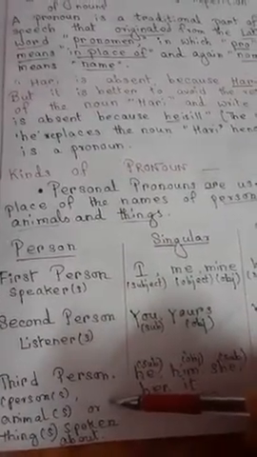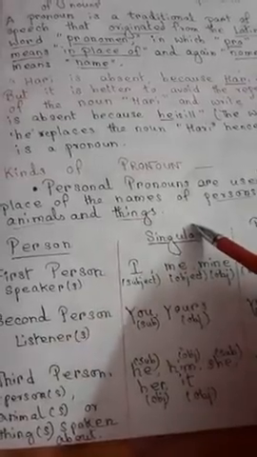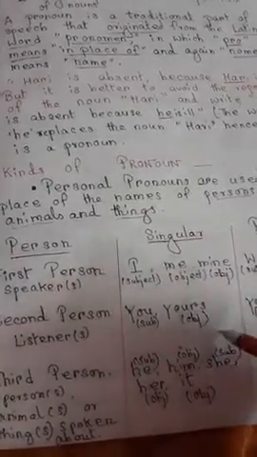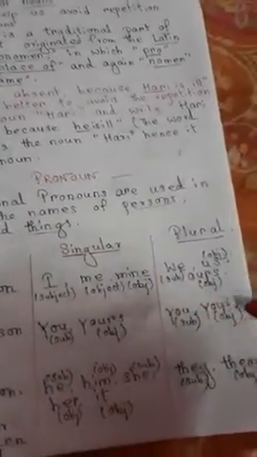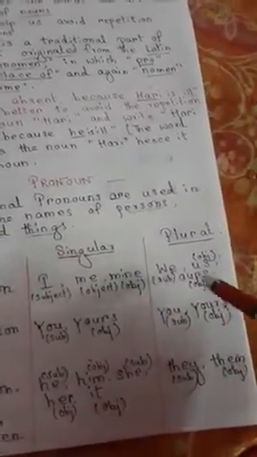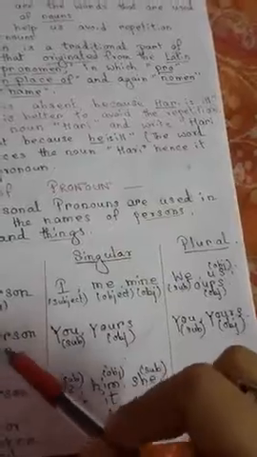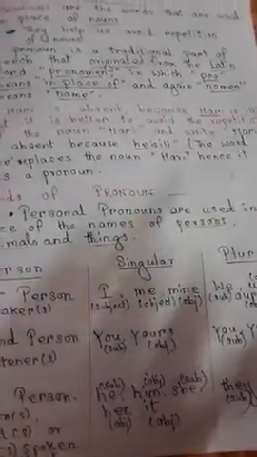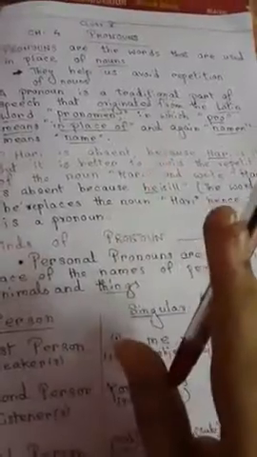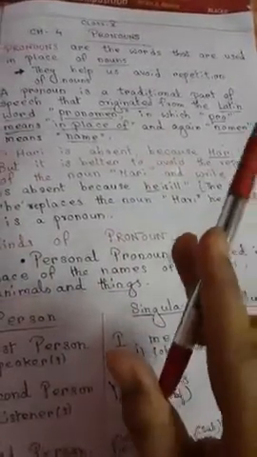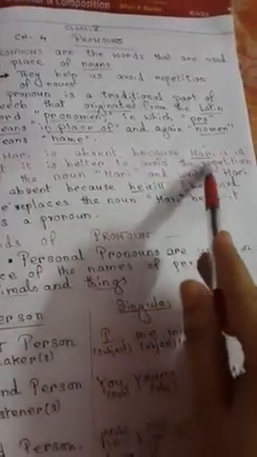So I hope you have understood what is first person, what is second person, and what is third person. And in case of singular, these pronouns will be used with these persons, and in case of plural, these pronouns will be used with these persons. Okay. So what is pronoun? Pronoun is used in place of nouns. Hari is absent because Hari is ill.